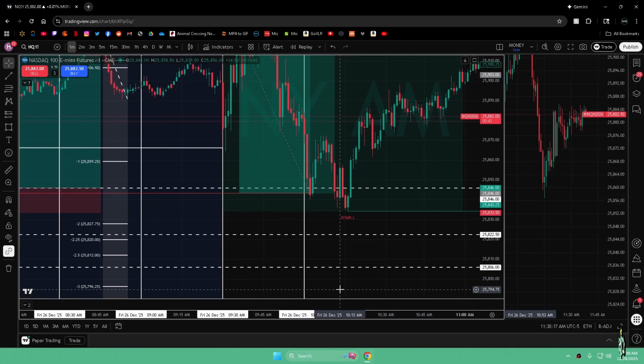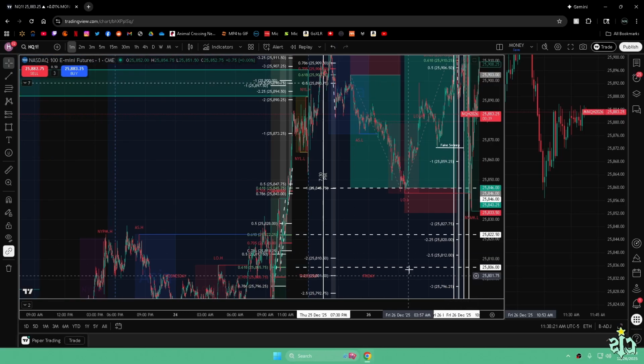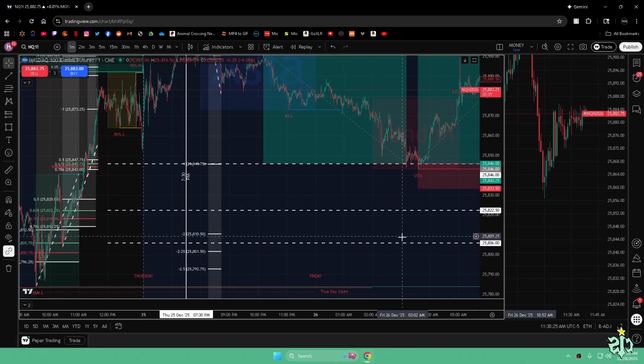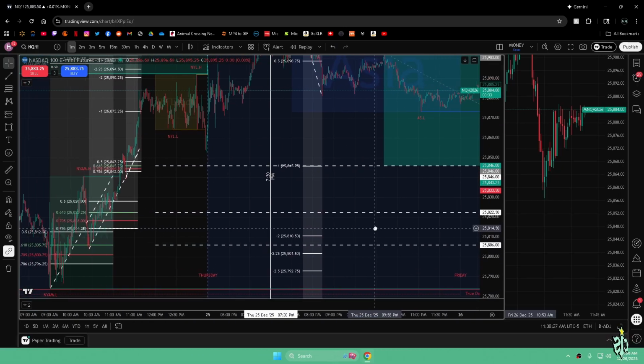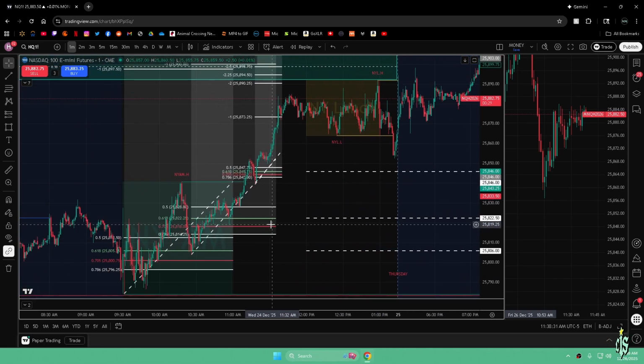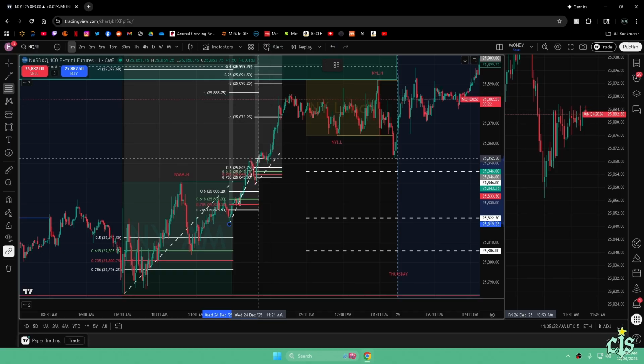or we look at our zones, our imbalance zones. We do have another one right here. I forgot to mark. From this low to this high. Right.